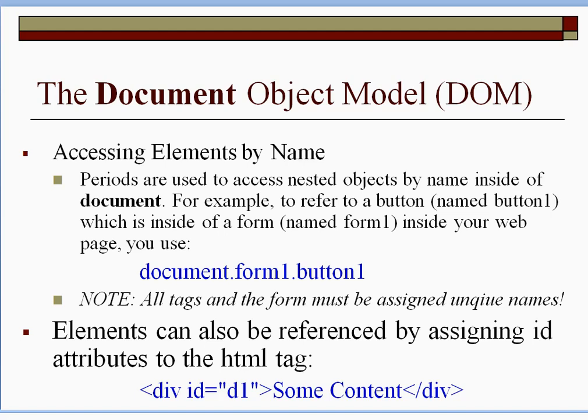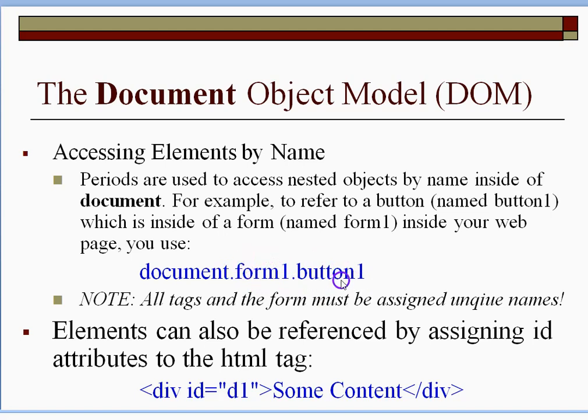And because the referencing happens in an object-oriented fashion, you refer to them in this way. Let's say you have a button inside a form and they have names. So you have a button named button1 inside a form that is named form1.